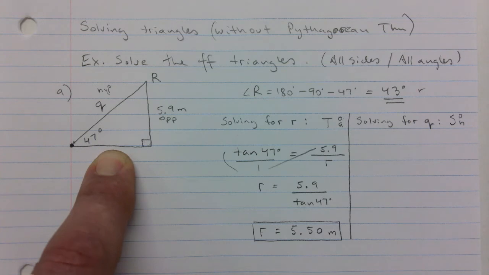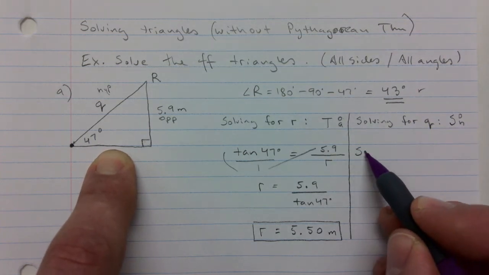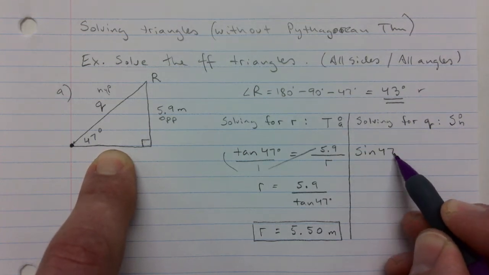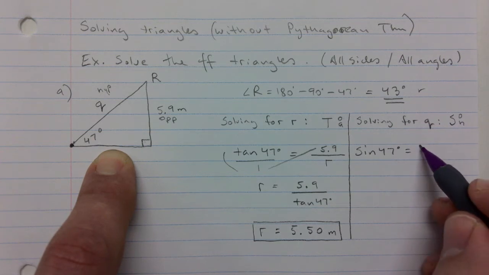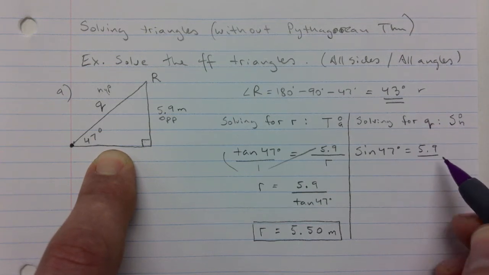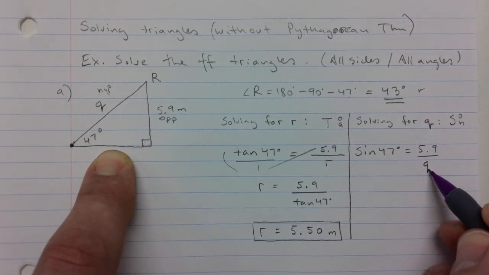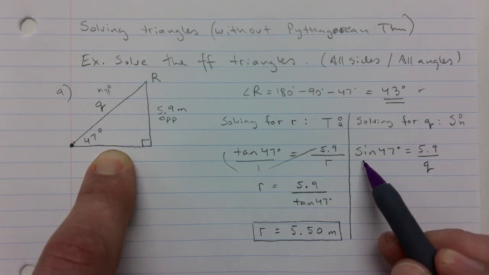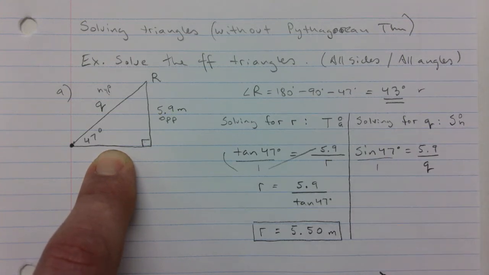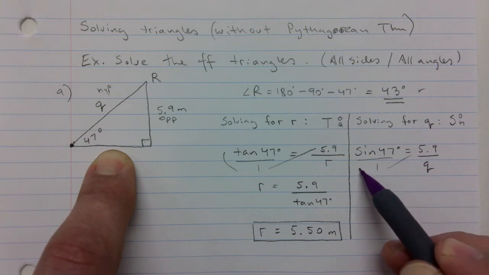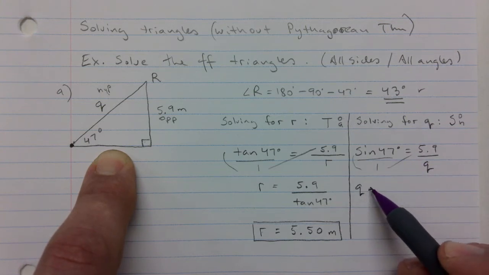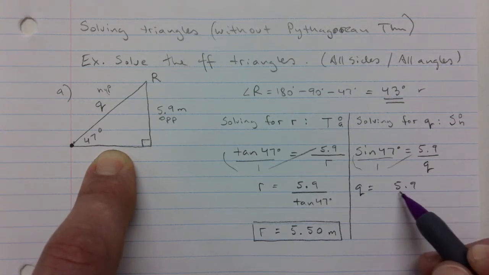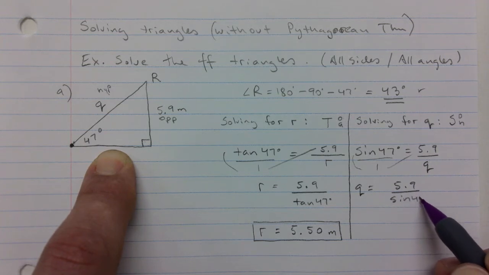It's SOH. So we would have to use sine of the angle is equal to opposite over hypotenuse, which is Q. You put the 1 there, cross multiply and divide. So Q is going to be 5.9 divided by sine of 47.